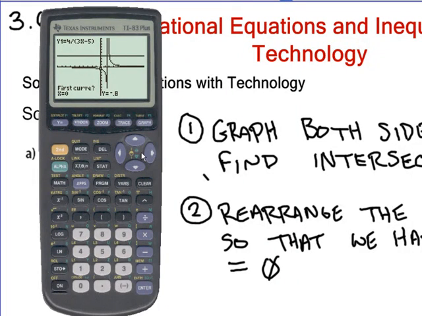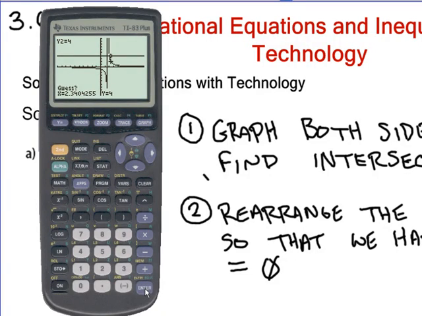And the calculator is asking us, is this the first curve that you want to find the intersection for? And yes, it is. And all I'm going to do is move my crosshairs to the right-hand side of the asymptote, and that's where I can see my intersection being. And I'll hit enter. And then it's asking me, is the line y equals 4 the second curve, and yes it is.